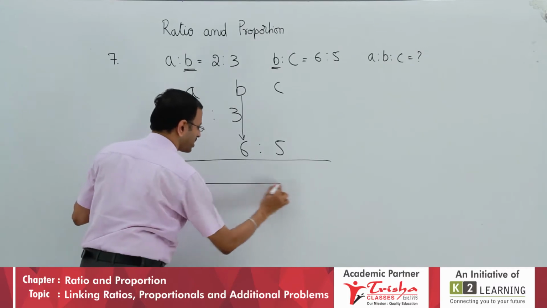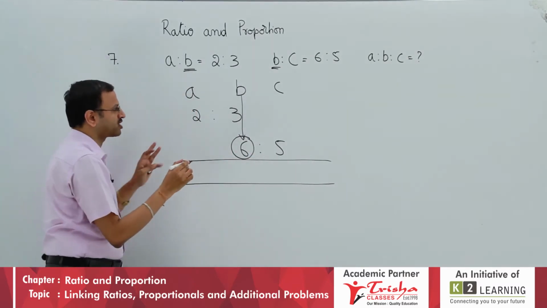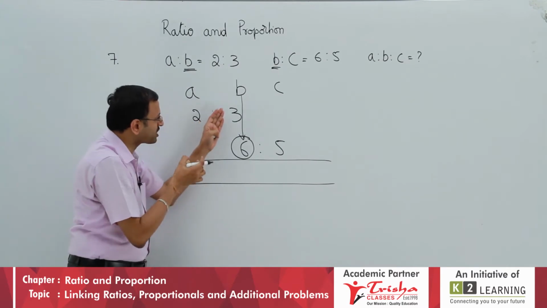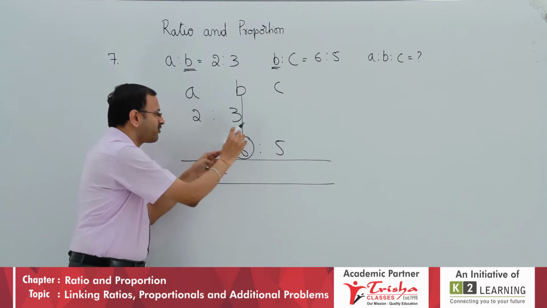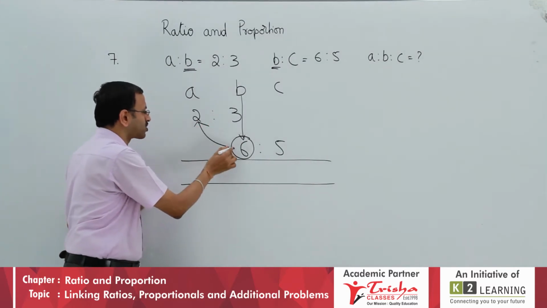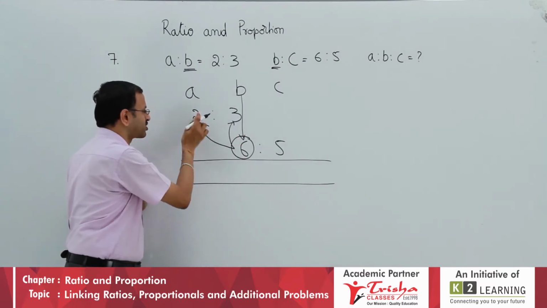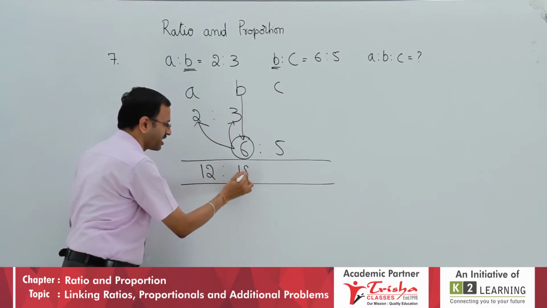Students, observe carefully: if the numbers are different, how do you solve it? That is the question. If these two are different, your technique should be like this. Take the second ratio's first number, that is 6, and multiply it for both. Can you tell, students? 6 2s are 12, 6 3s are 18.